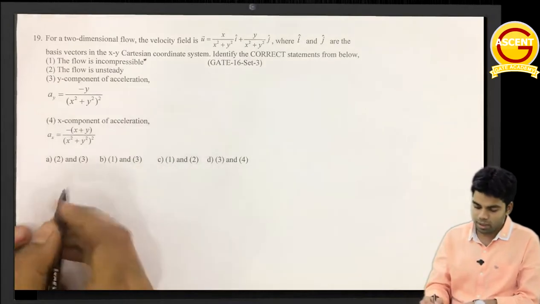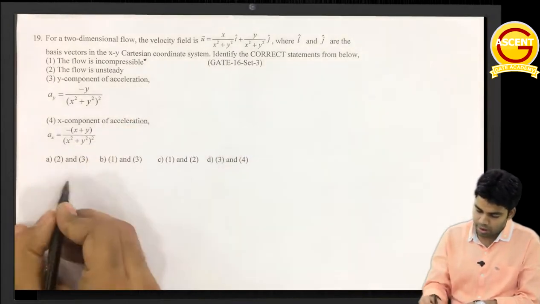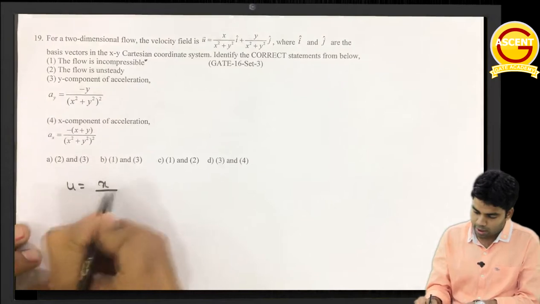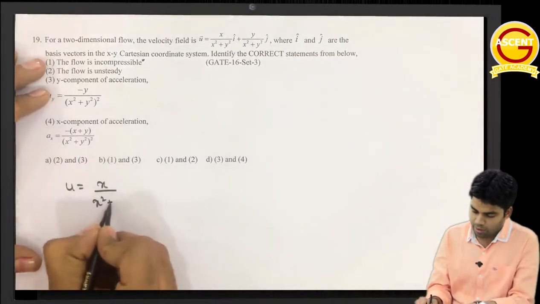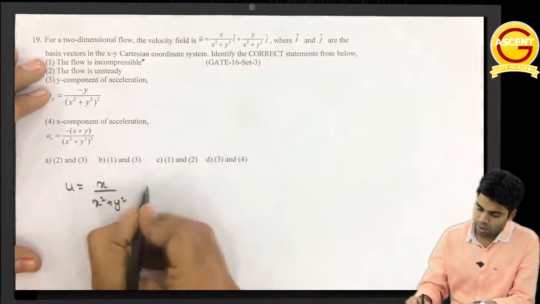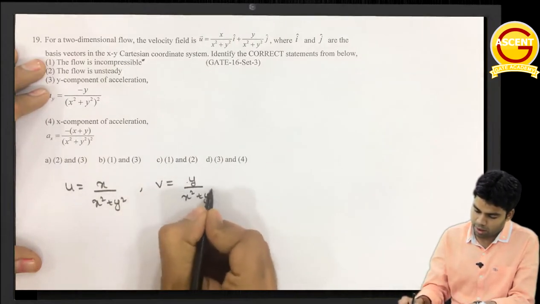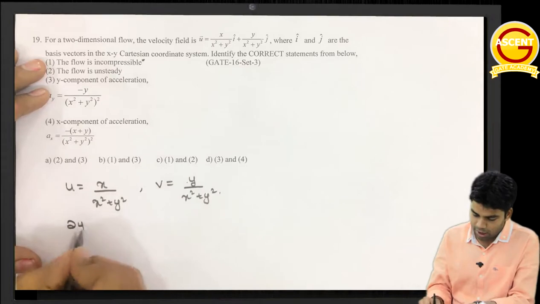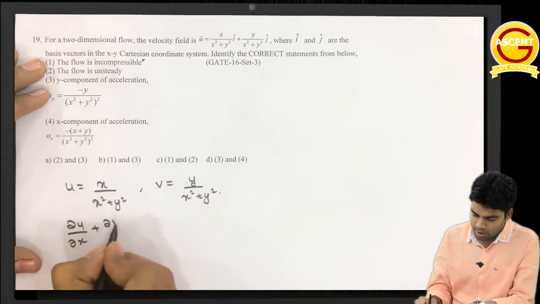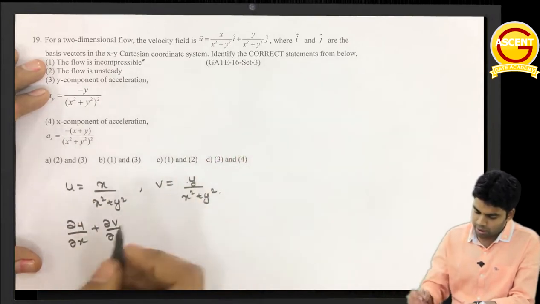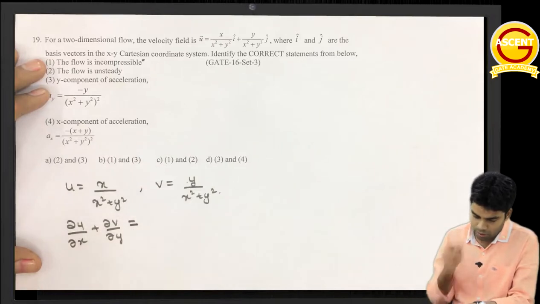As I told you, we use the continuity equation. Here U is x divided by x square plus y square, and V is y divided by x square plus y square. Now del U by del x plus del V by del y plus del W by del z; W is not given here.